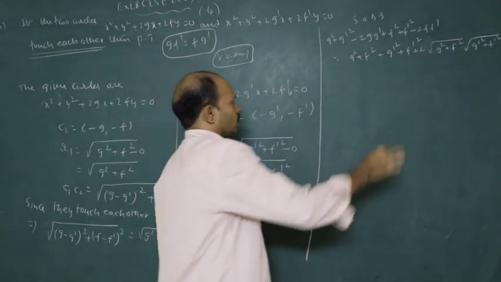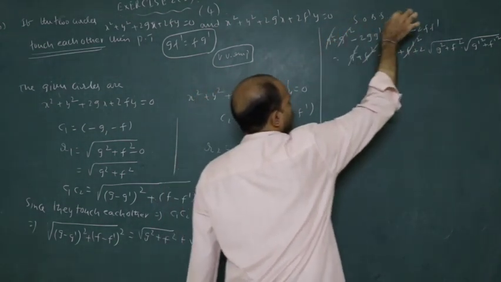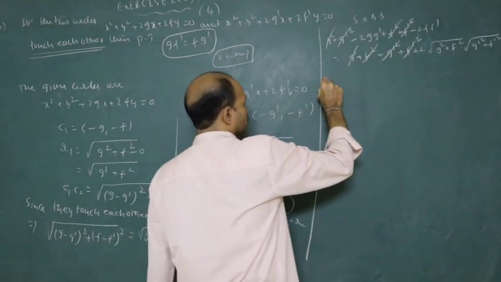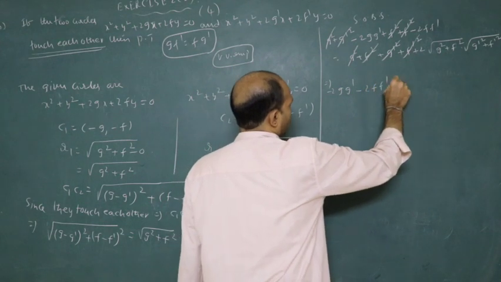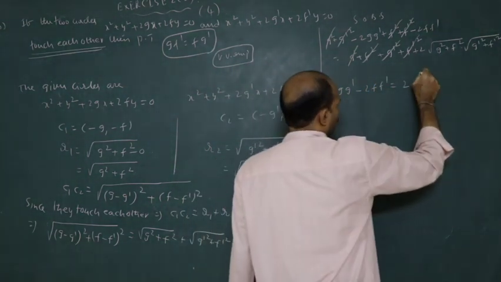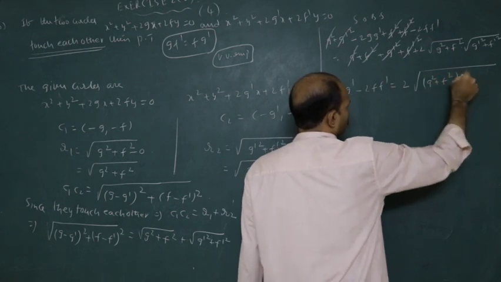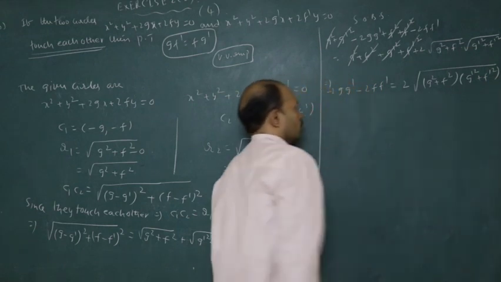See what the cancellations are: f square, f dash, g square, g dash cancel. The remaining terms: 2gg dash, 2ff dash, 2 into, I am writing into a single root, g square plus f square, g dash square plus f dash square.